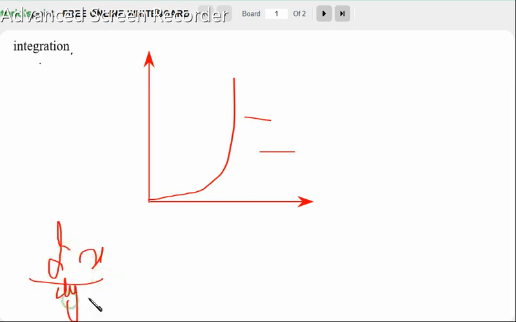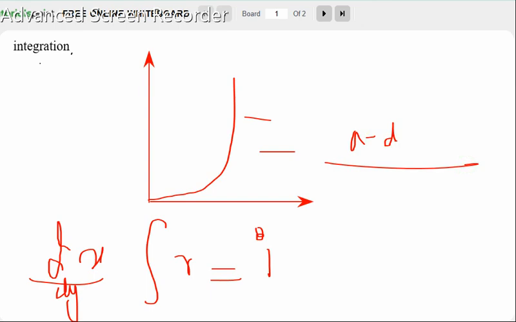It's very common. But finding the original from the rate of change is called integration. And that's why integration is also known as antiderivatives.